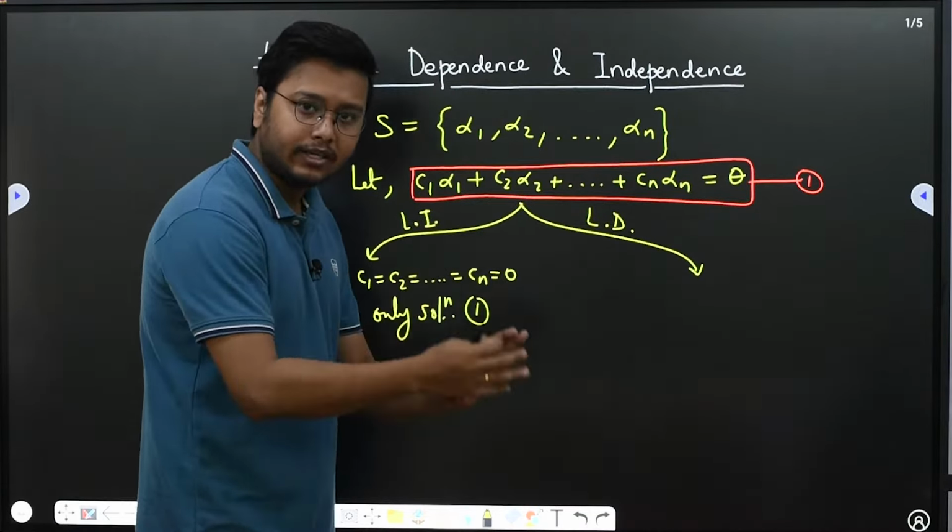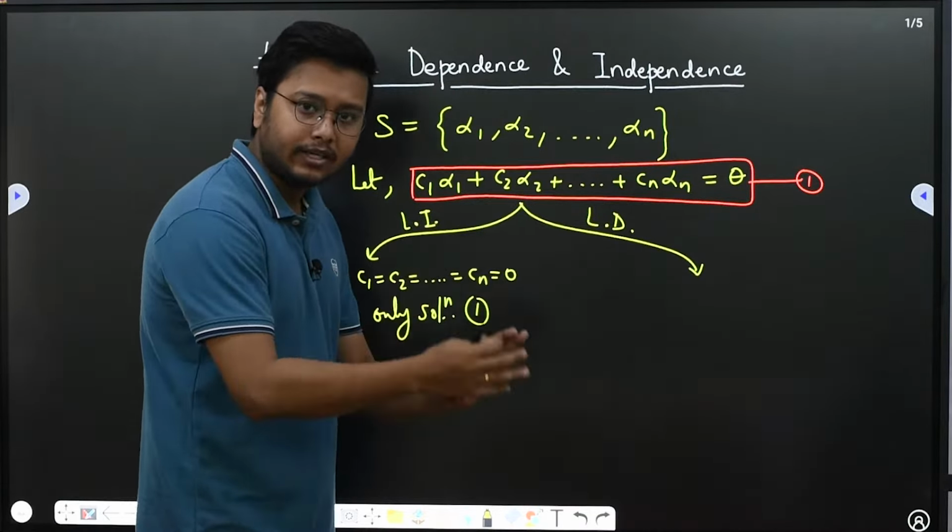A singleton set is always linearly independent. So this is all the concept about linear independence and dependence.